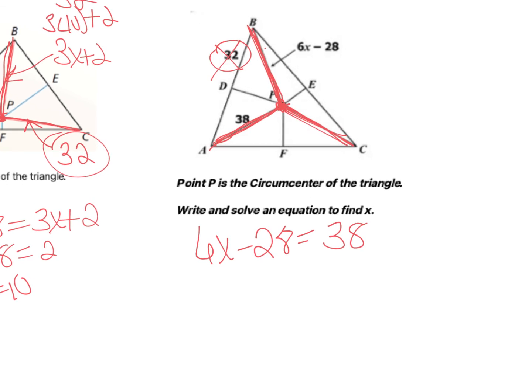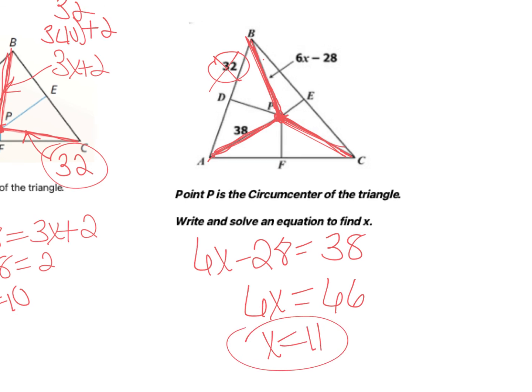If I want to find what x is first, I add 28 to both sides, and I get 6x equals 64? No, 66, sorry. 66, which means x equals 11.